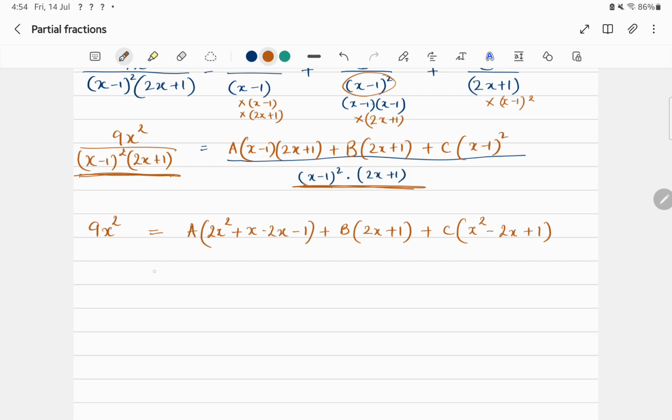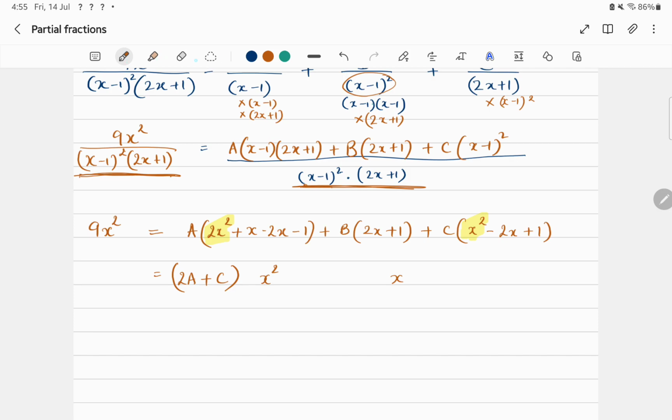Now we group the coefficient of x squared, the coefficient of x, and the constants together, just so it's easier for us to then compare them. So here we will have 2a, because x squared goes with that and becomes 2a when we open the bracket. And then the x squared here is just c. So 2a plus c.